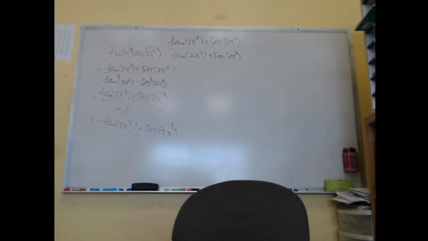I know there's another way you can do it. You can convert that to sine over cosine, right? And then secant, 1 over cosine, and then combine the like terms. But eventually, you're going to end up with the exact same thing. We can do that as well, because we can apply the Pythagorean identity.